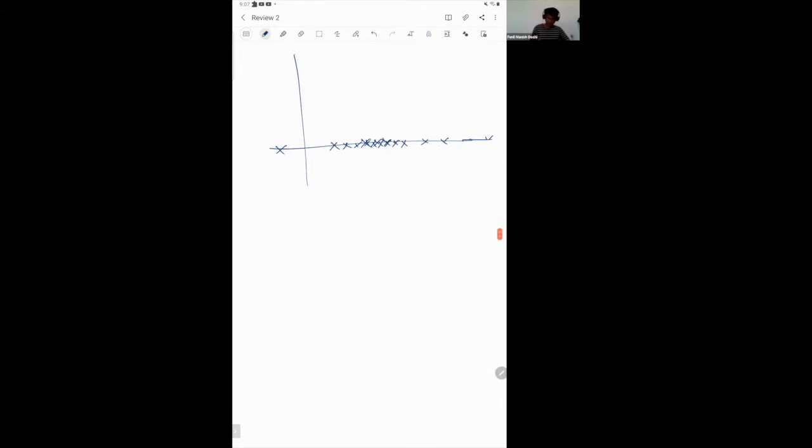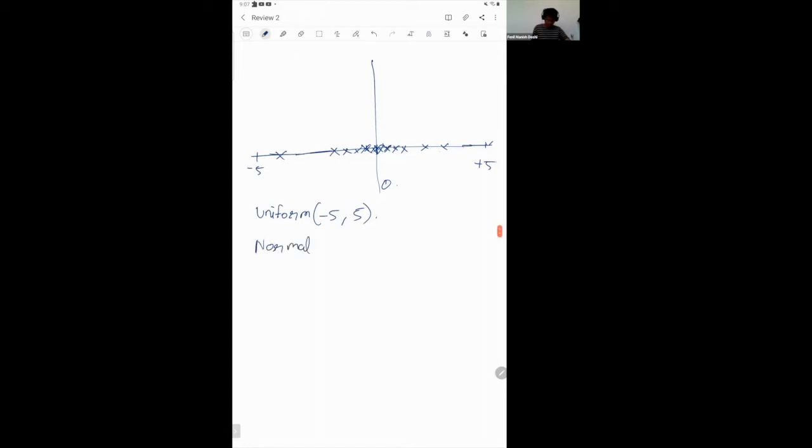So let's say one of you comes up with, let's say this is -5, this is +5, and this is 0. One of you might say this comes from uniform from -5 to 5. Some other one would say this comes from a normal distribution centered around 0, with standard deviation of 2.